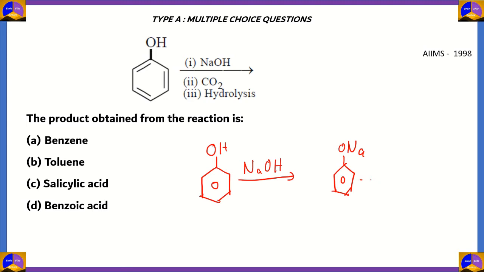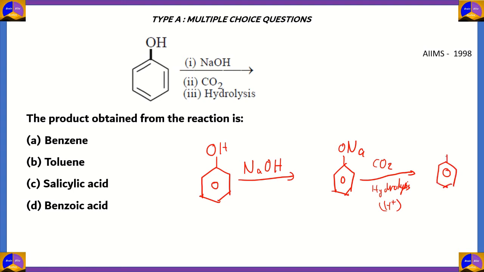Now to sodium phenoxide you are adding CO2 and you're making it undergo hydrolysis. So basically adding water and more importantly H plus ions. In that case the ring stays the same but the functional group gets affected.